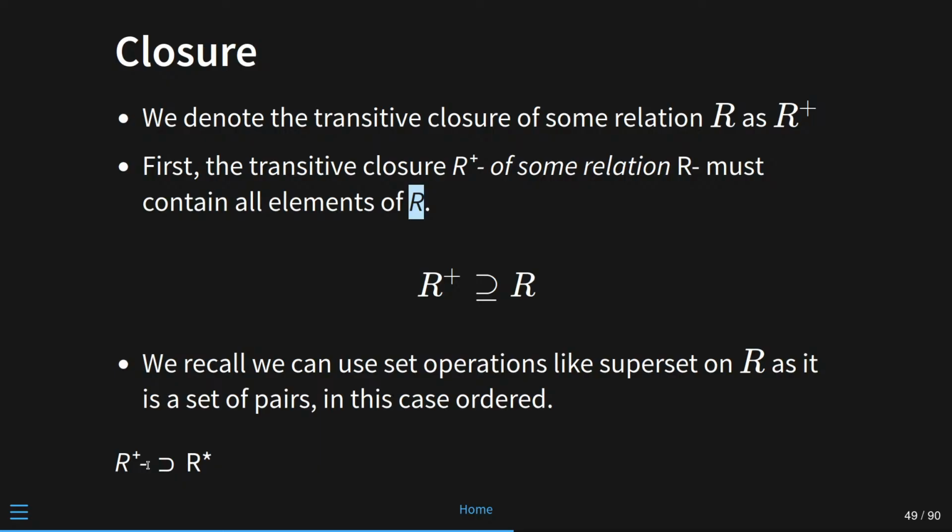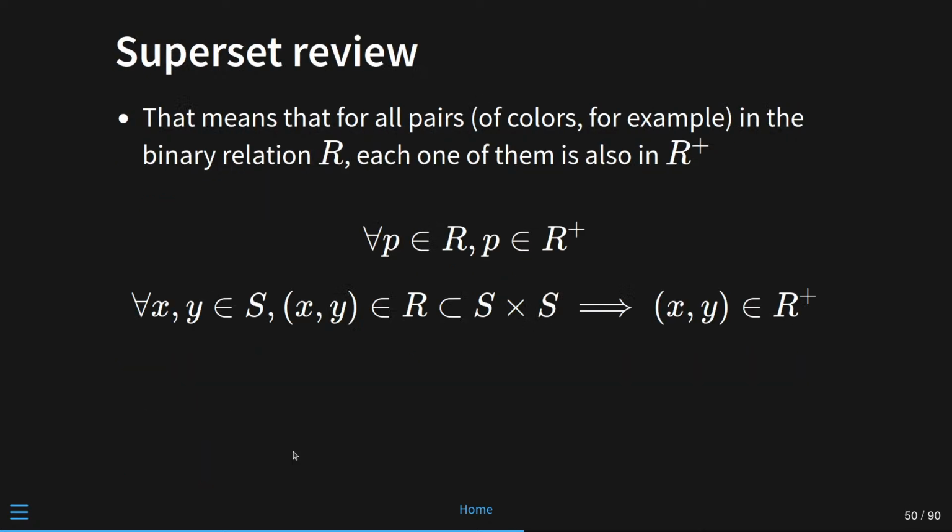And basically, R plus, the transitive closure, is going to be a subset of this thing, which is all of the possible pairs. Okay? So, for all pairs of colors in the binary relation R, each one of them is also in the transitive closure of R, R plus.